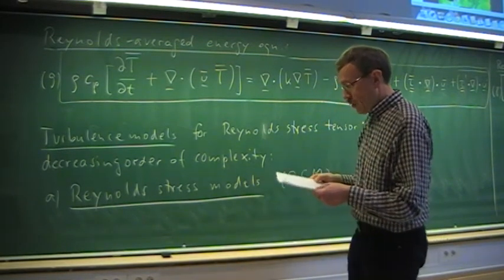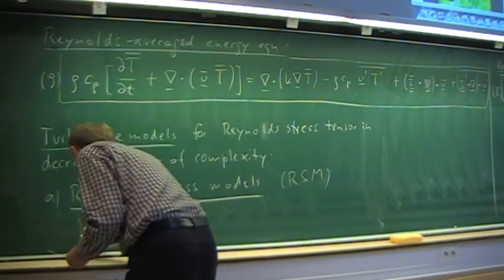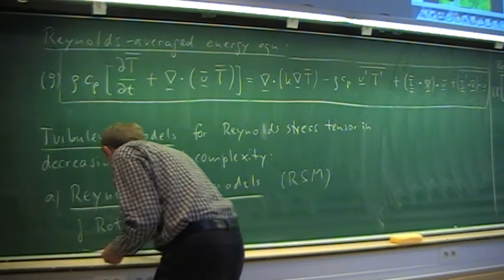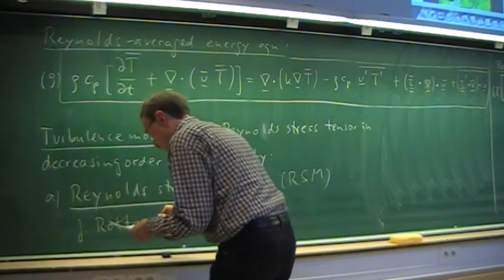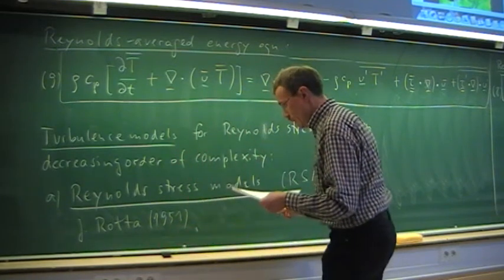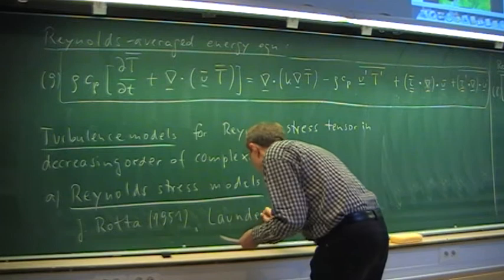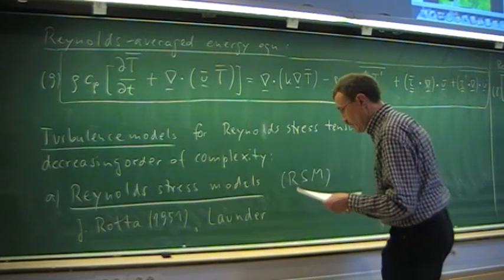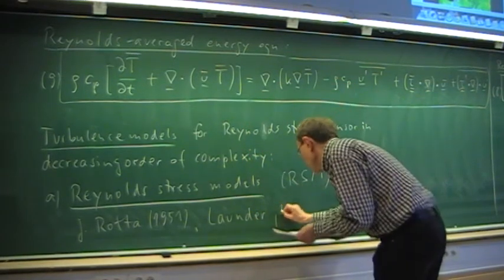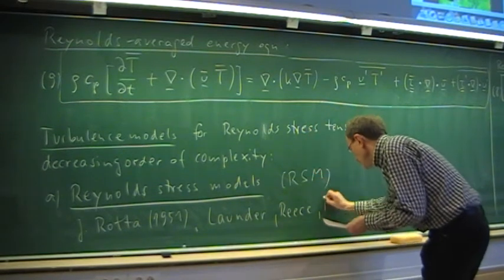And the people who have been leading in this research, that is Julius Rotta from Göttingen, also a book, and then the people who made it really practical were the people from Manchester, London, Rees, and Rodi.